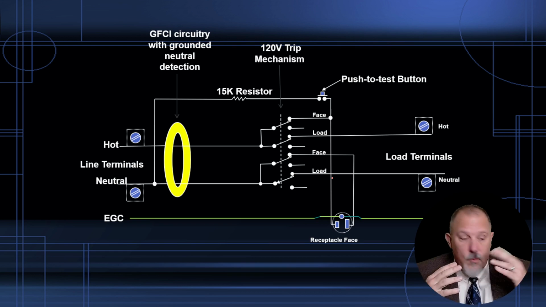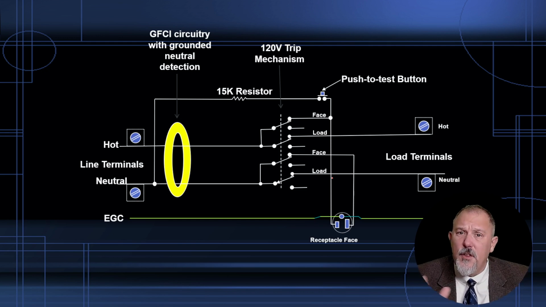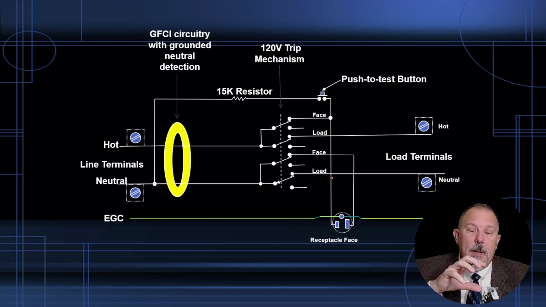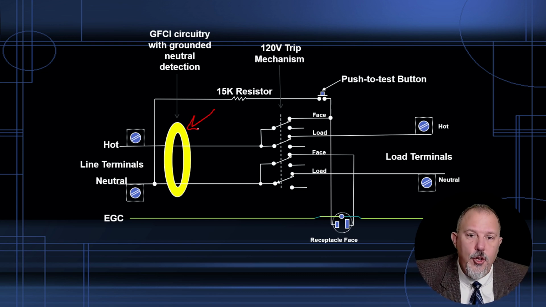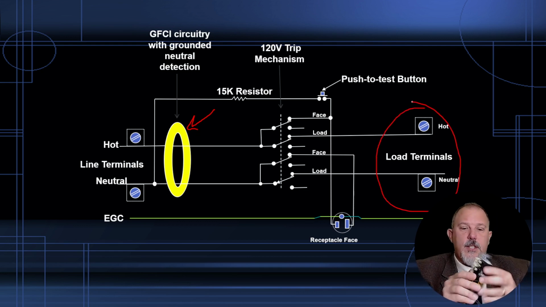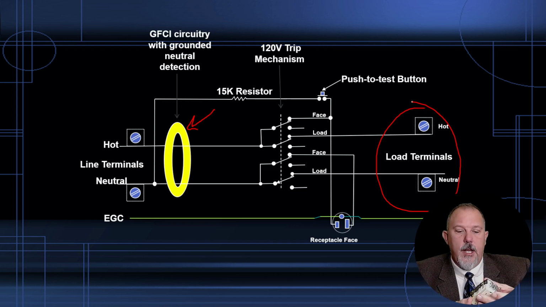Now the receptacle, remember, a receptacle type GFCI, you got a few things going on. The placement of that sensor is critical so that you get both the load terminals, right? So remember, on a receptacle, you have line and load terminals. And in fact, on this one, it's never been installed.